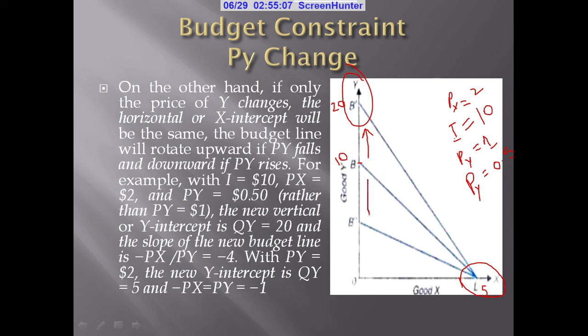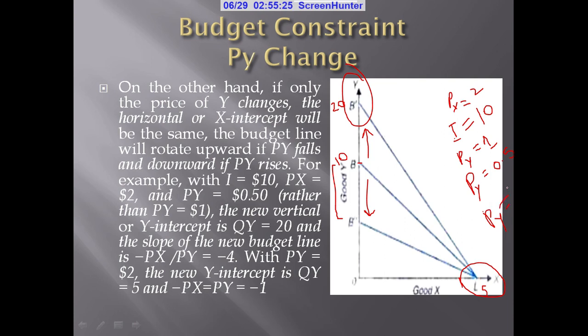When the price of Y increases, let's suppose the price of Y increases to $2.